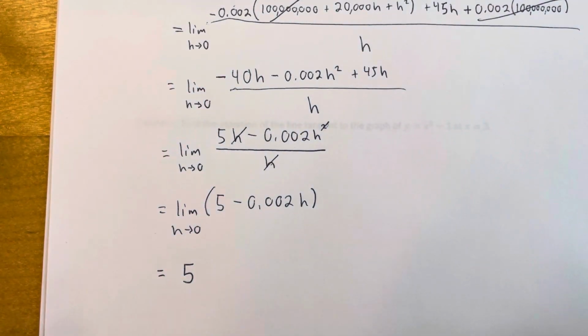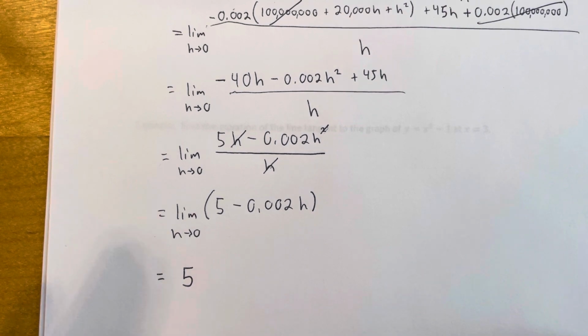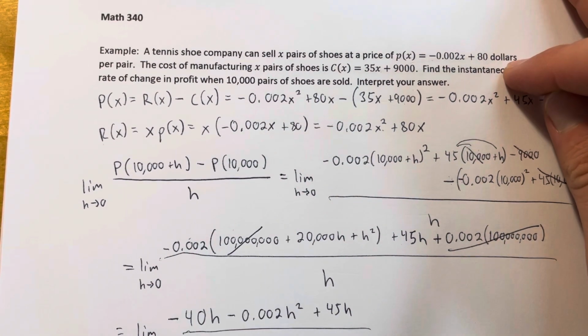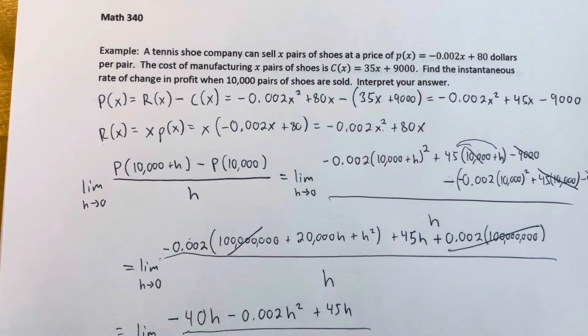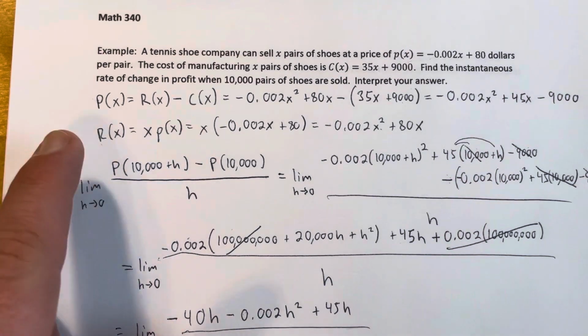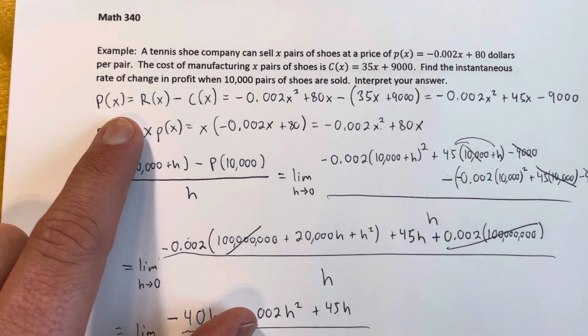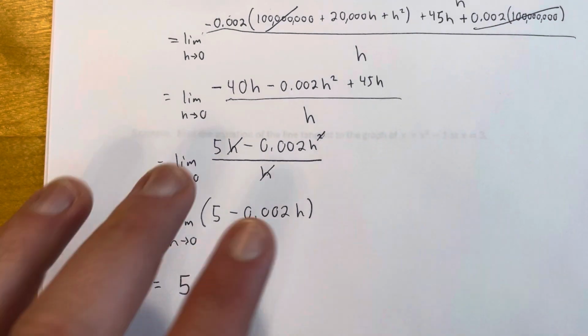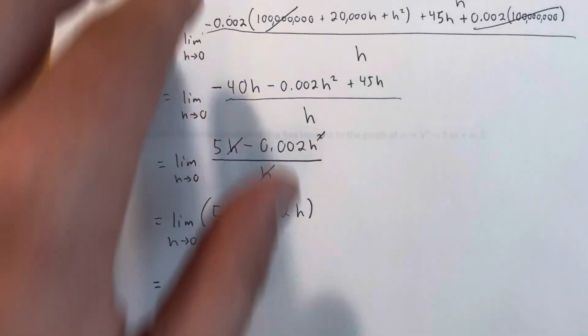Okay? But this is an application problem. I don't want to just say 5. I want to think about what that is. What did I just find? It says find the instantaneous rate of change in profit when 10,000 pairs of shoes are sold. So profit, P of X, think of the input units and the output units, because remember, for rates of change, the units are output units over input units.